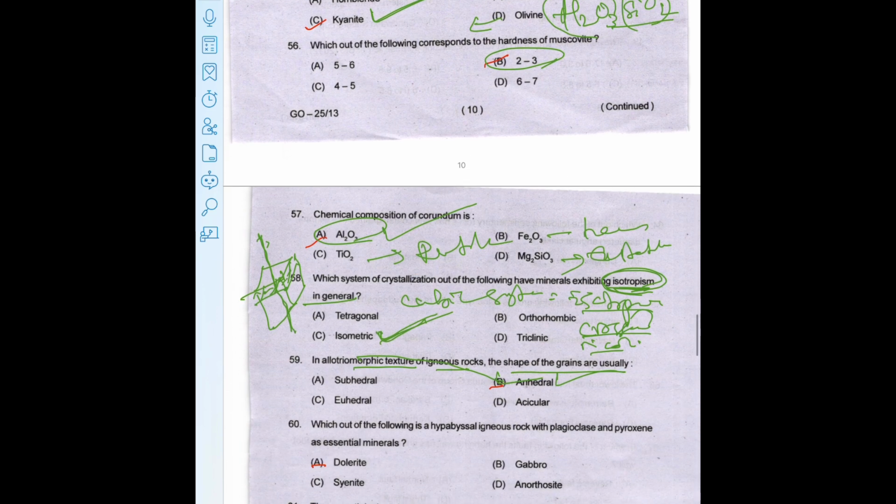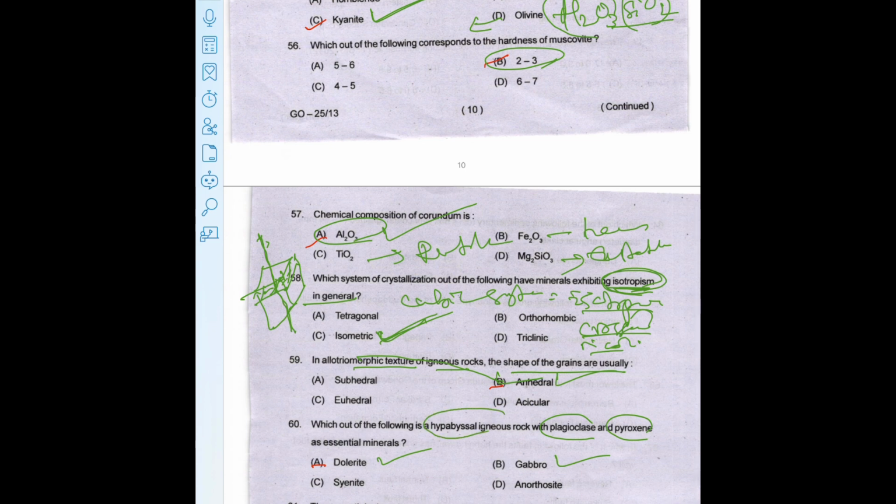Which one of the following is a hypabyssal igneous rock with plagioclase and pyroxene as essential minerals? Plagioclase and pyroxene are essential minerals in basic rock. Basic rock will be gabbro, basic rock will be dolerite.